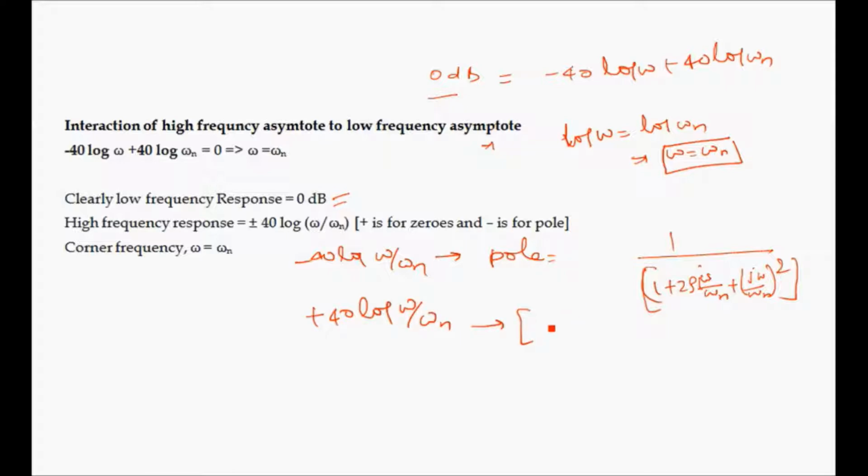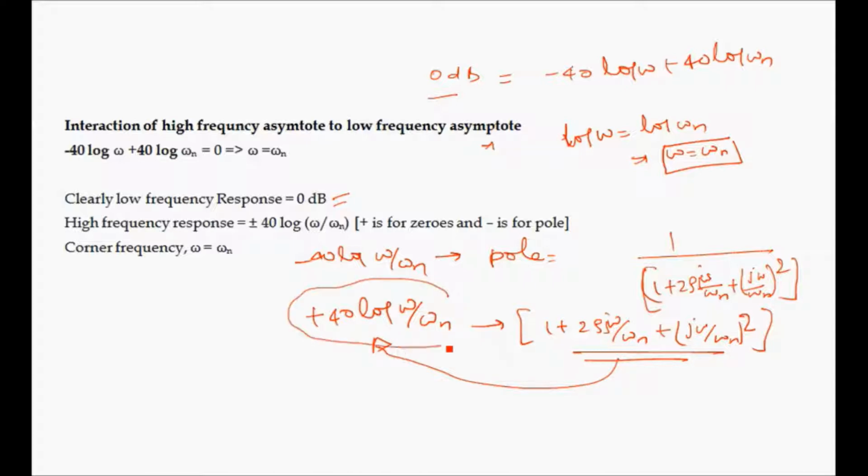The second order zero will be of the form 1 plus twice zeta j omega by omega n plus j omega by omega n, squared. If this term comes in the numerator, we get a slope of plus 40 dB per decade, plus 40 log omega by omega n for the high frequency component. If this quadratic factor comes in the denominator, we get a slope of minus 40 decibel per decade, and the high frequency response is minus 40 log omega divided by omega n.